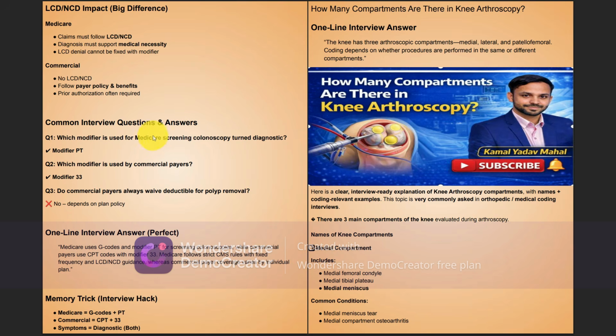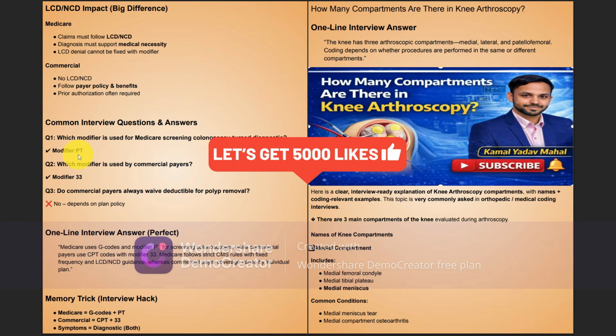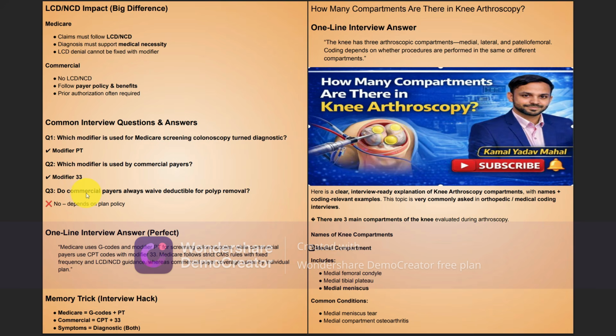Common interview questions: which modifier is used when a Medicare screening colonoscopy turns into diagnostic? You can say modifier PT. Which modifier is used for commercial payers? That is the 33 modifier. Do commercial payers always waive the deductible for polyp removal? The answer is no, it depends upon the plan policy.